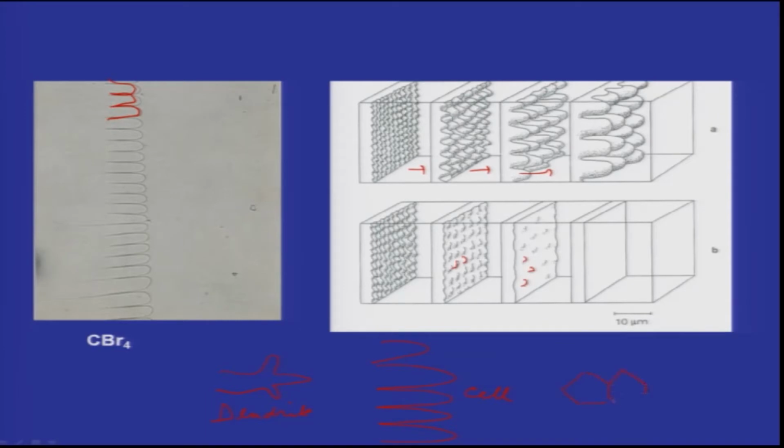The origin of the cell is the formation of small perturbations on the surface, and these then grow because of the high driving force available to them, as I just discussed.